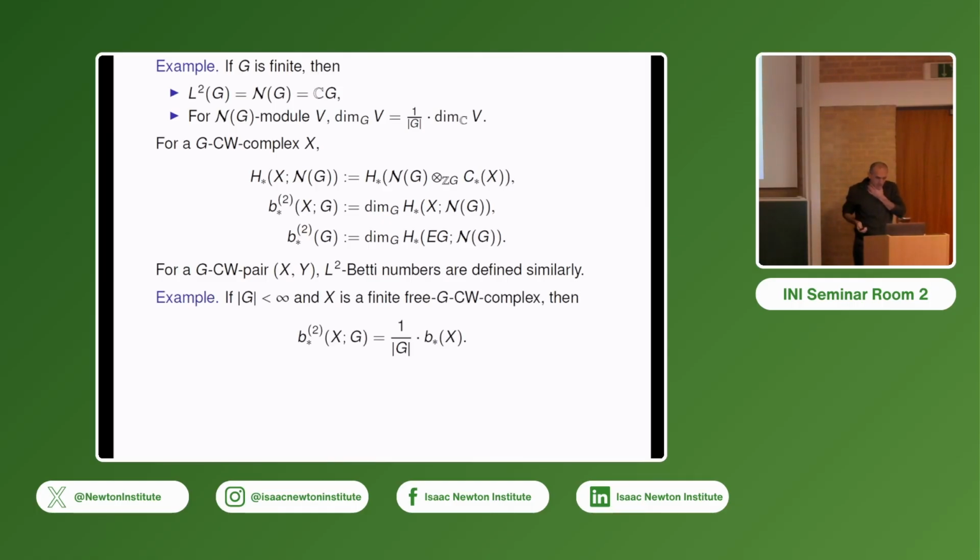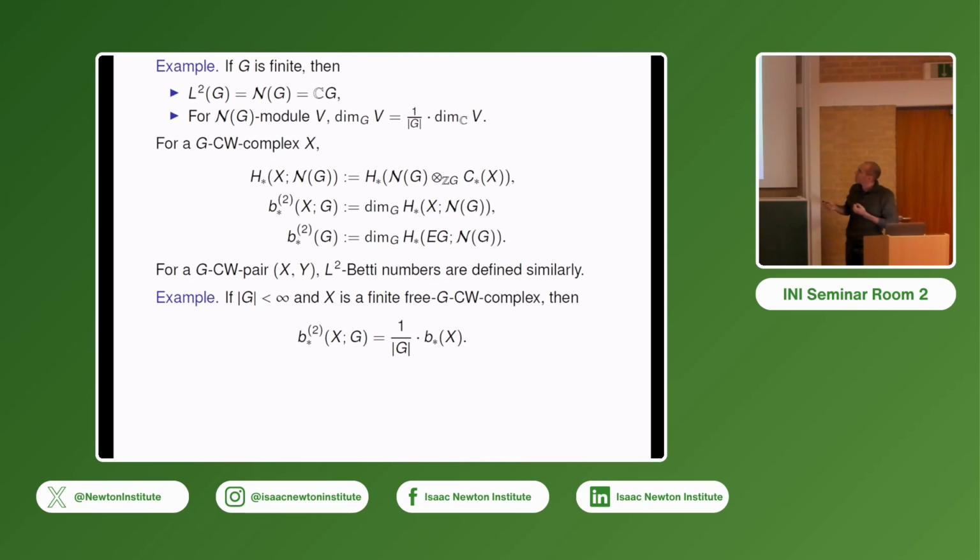Just going back to an example where we have a finite group: if you have a finite free G-CW complex, then you can see that L2 Betti numbers are nothing more than ordinary Betti numbers divided by the order of G. Why is that?